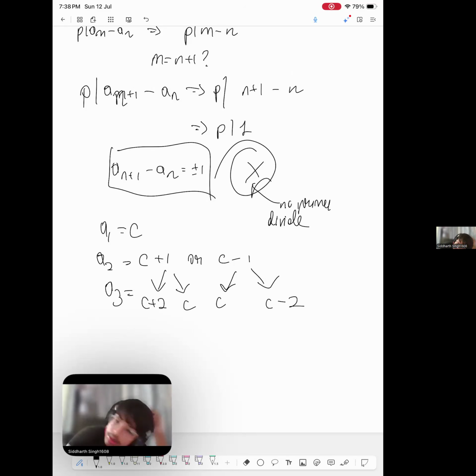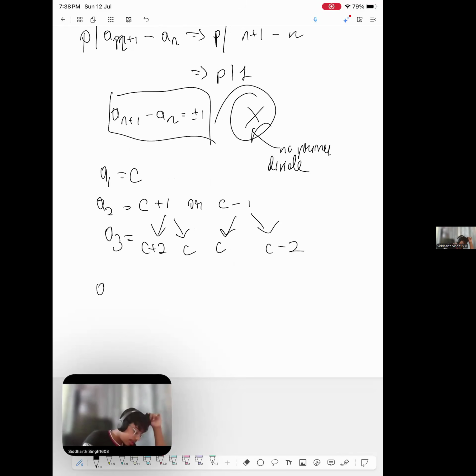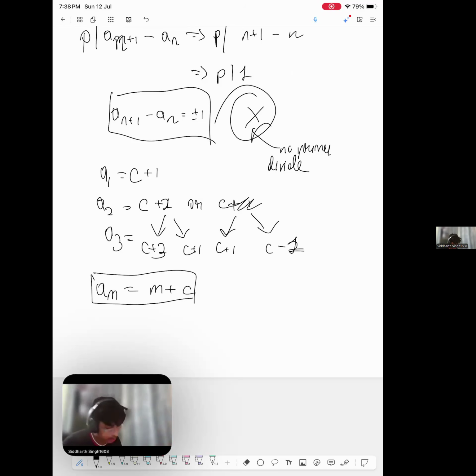And in fact, you can go on to prove that the only solution which works is am equal to m plus c. Let this be c plus 1. This is our only solution.